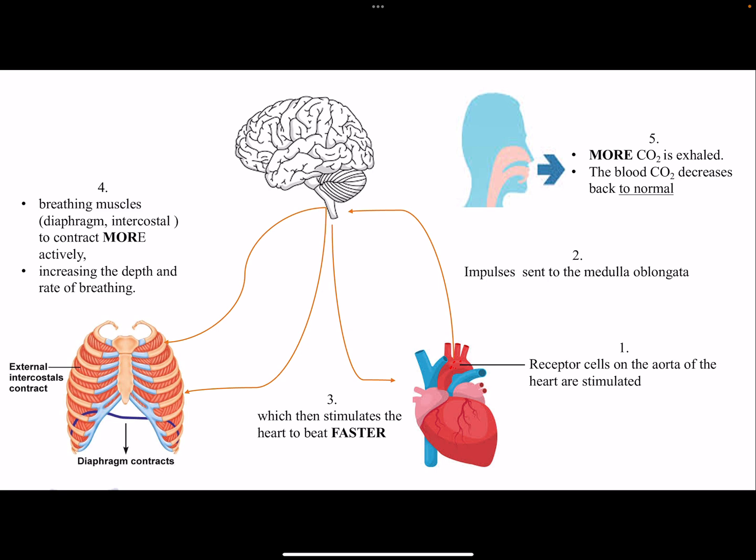And in conclusion, blood CO2 levels decrease back to normal. So in terms of grade 12 life sciences, this is all you need to know when it comes to the control or the regulation of CO2 levels in the blood.